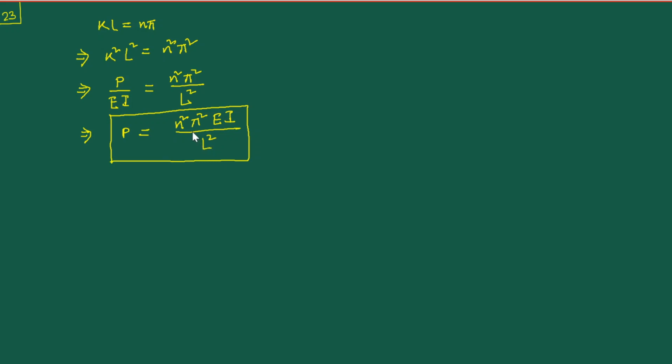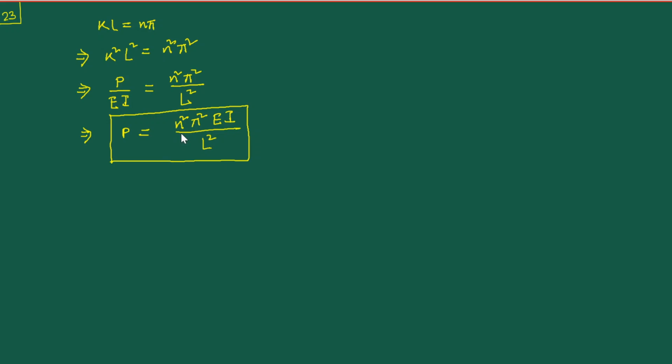So the crucial factor here is this n. If we take n equal to 1, 2, various things, then what is going to happen is that for values like pi square EI by L square, then 4 pi square EI by L square, those specific values, our theory is predicting that buckling should occur.